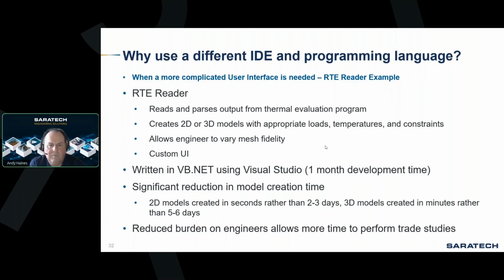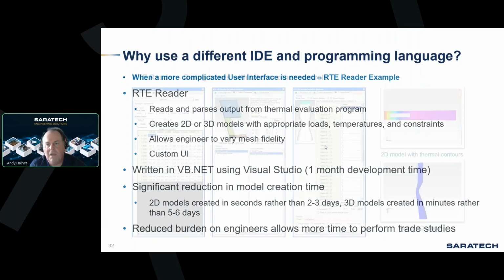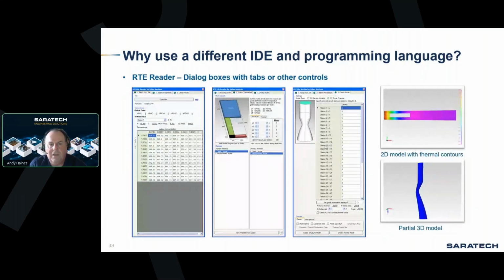It was written in VB.NET using Visual Studio and took about a month. But again, significant reduction in model creation time. The 2D models were all of a sudden being made in seconds instead of 2 to 3 days, and the 3D models were created in minutes rather than 5 to 6 days. That's just because this needed a very structured mesh in order to get good results.